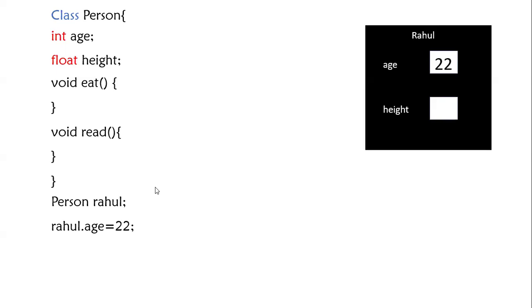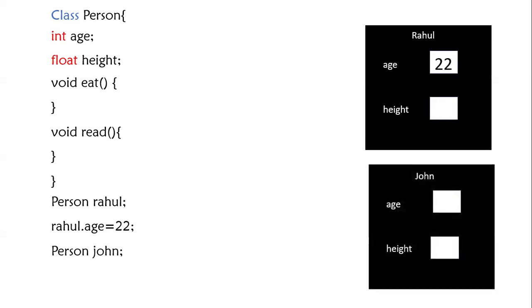If I create another object, let's say a particular John, what happens? Another memory will be created, and if I say John dot height, that height will be 6. And if I say John dot age, that age will be some particular 32 or 42. So what's happening here? The age is declared only once, but I was able to get two different locations of age based on two different memories, or two different objects.